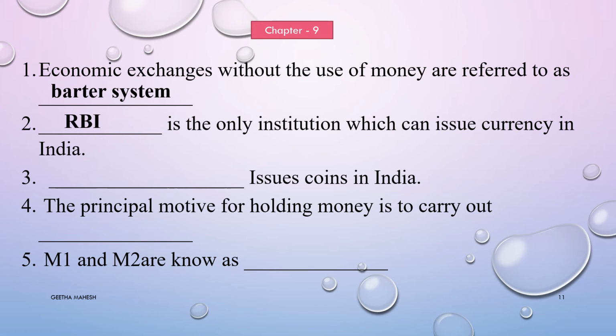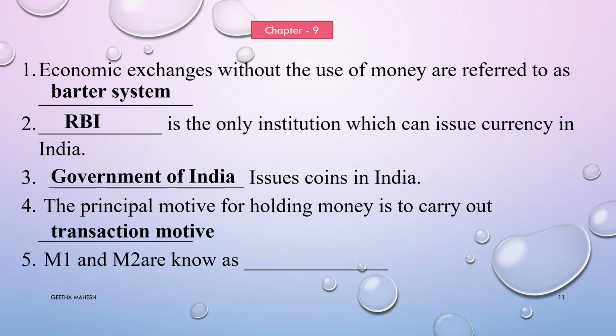Central government issues coins in India. The principal motive for holding money is to carry out transaction motive. M1 and M2 are known as narrow money.